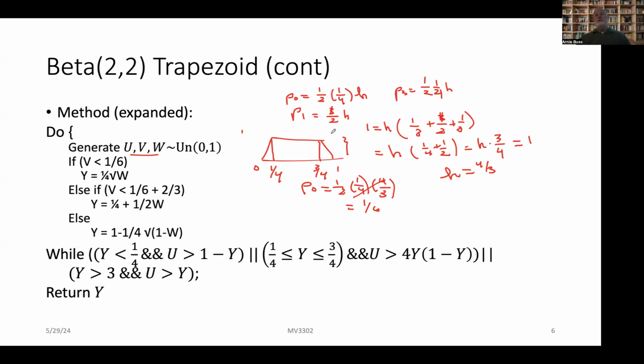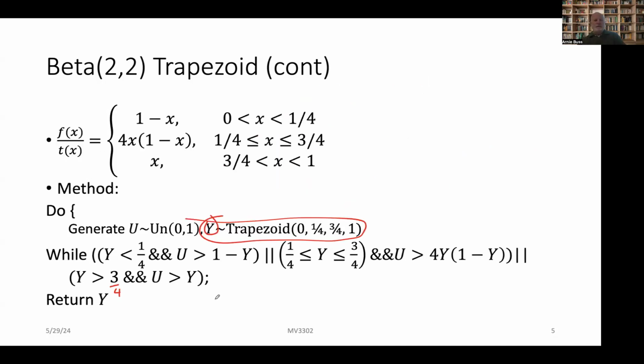For the composition method, we need to actually look at the PDF itself and figure out what those probabilities are. But when we're doing the acceptance rejection, we need to look at the majorizing function itself. That's why I say you have to keep your finger on your place.